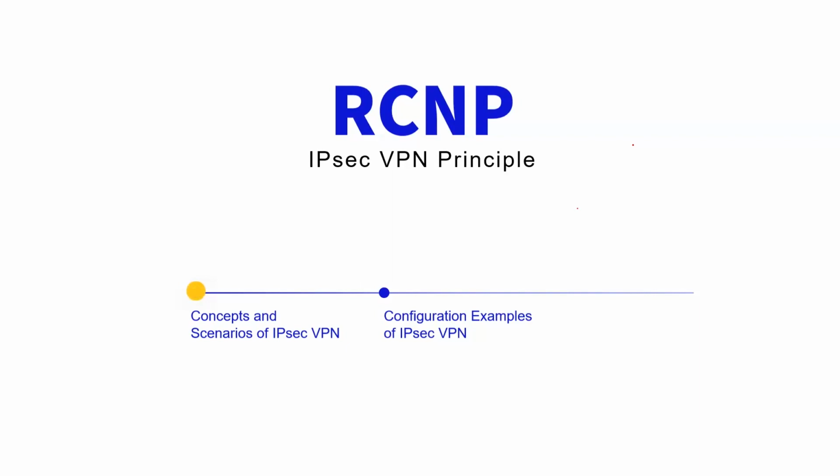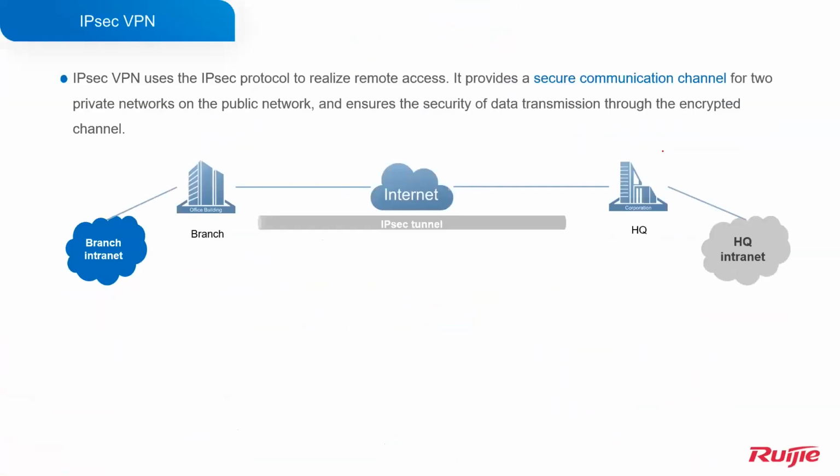First, let's see what the IPSec VPN is. About the IPSec VPN, we will use the IPSec protocol. Actually, this is a protocol family. We have lots of protocols and algorithms to choose from in IPSec.